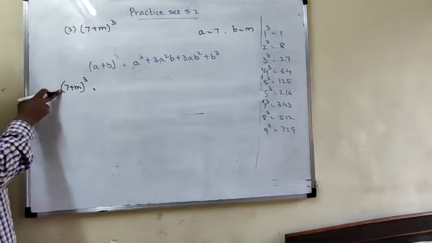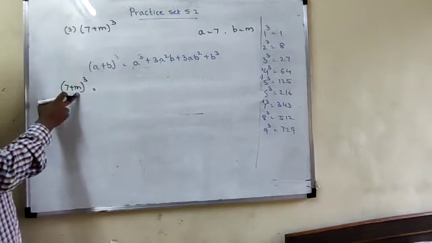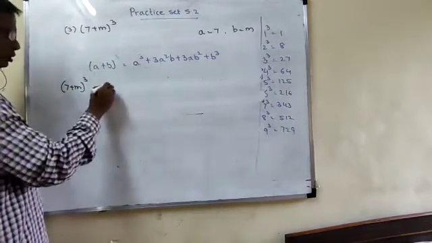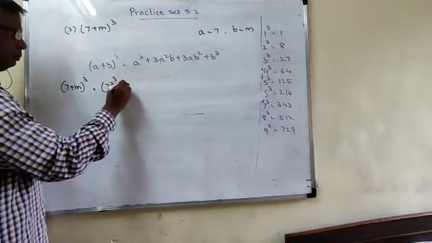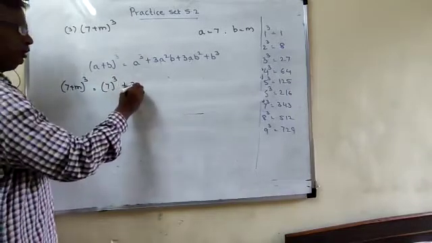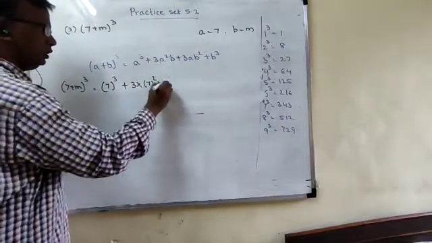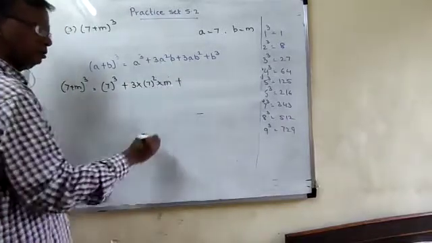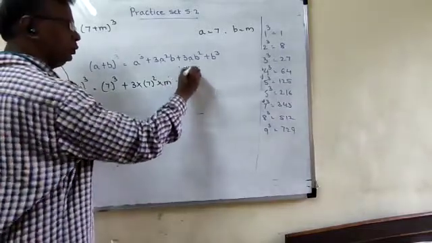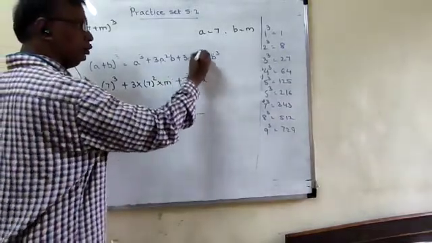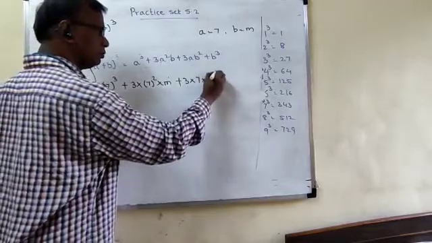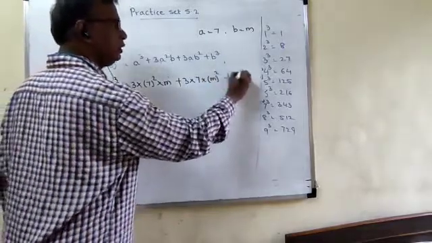A should be replaced by what? 7. B should be replaced by what? M. A cube, that is 7 cube, plus 3 into a square, that is what? 7 square into b, that is m, plus 3 into a, 7, into b square, that is what? M square, plus b cube, that is what? M cube.